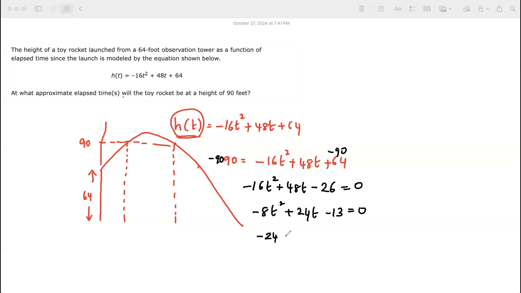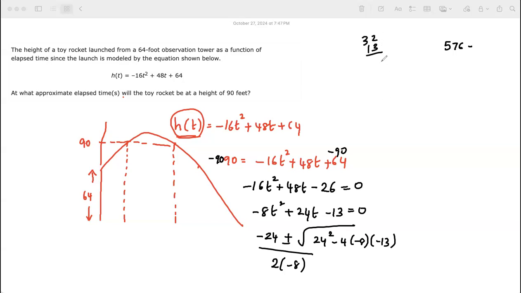So minus b plus or minus square root of b square minus 4ac, divide by 2a. So what is 24 square? 576. 576, right? Memorize squares, guys. So now 32 times 13 is what? 416.